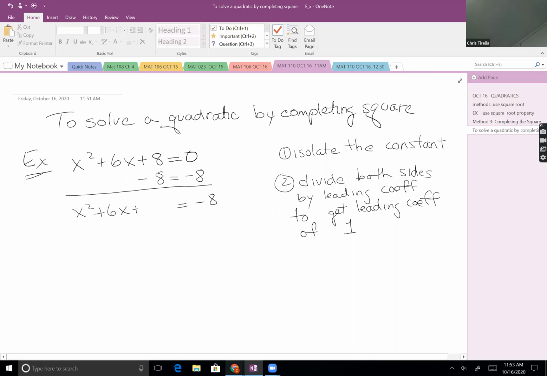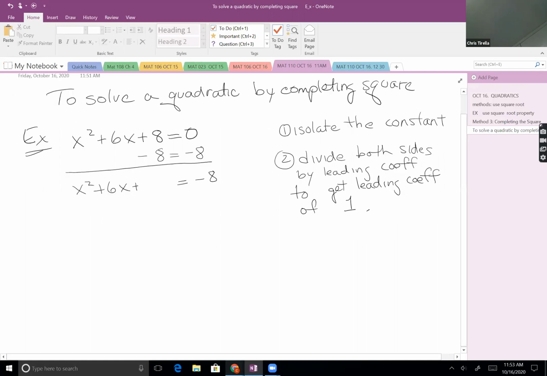Does everybody see with this problem, I don't need to do that because I already have the leading coefficient of 1. Now we want to add a constant to both sides to get a perfect square trinomial.